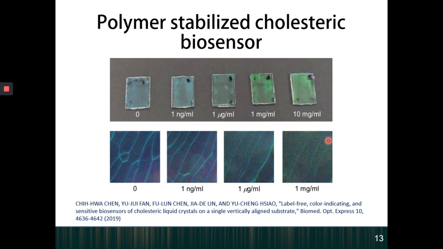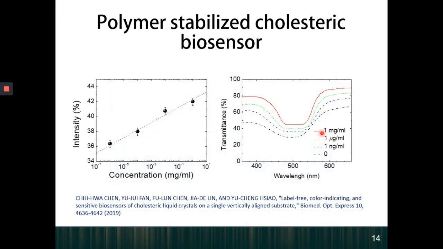Based on these images, we can use software to quantize the images and get the data here: the intensity against the concentration. If you increase the concentration, your intensity increases here. So based on these figures, we can make these devices more powerful for commercializing in the future. And this is the transmittance spectrum here.